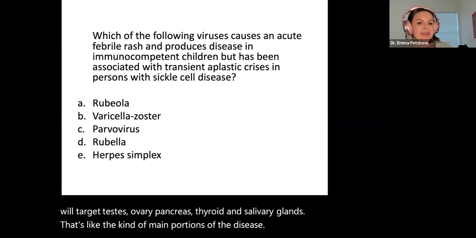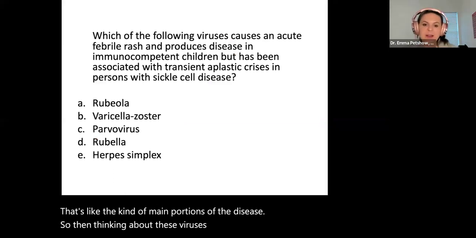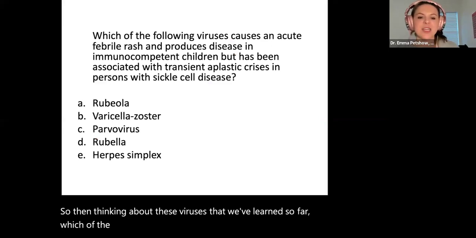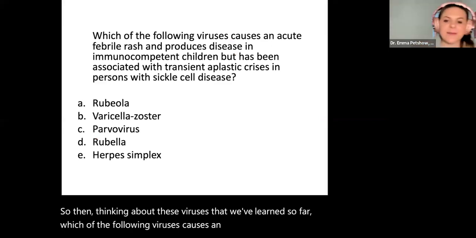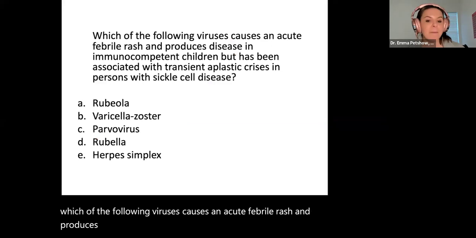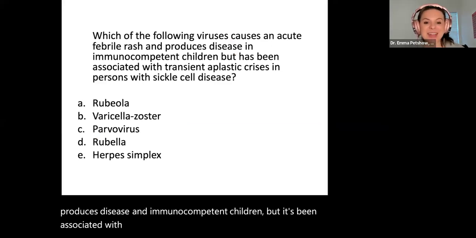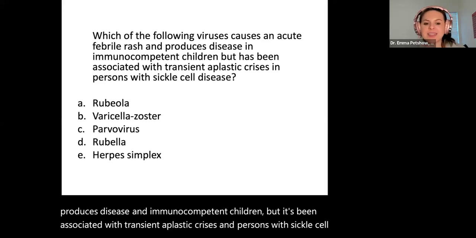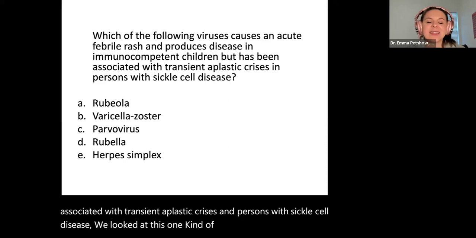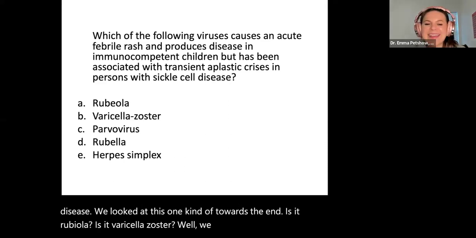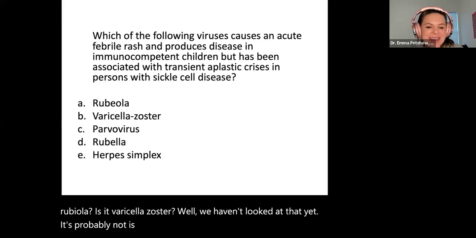So then thinking about these viruses that we've learned so far, which of the following viruses causes an acute febrile rash and produces disease in immunocompetent children, but has been associated with transient aplastic crises in persons with sickle cell disease? Ooh, we looked at this one towards the end. Is it rubeola? Is it varicella zoster? Well, we haven't looked at that yet, so probably not. Is it parvovirus, rubella, or herpes simplex?